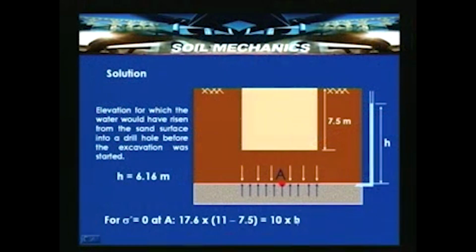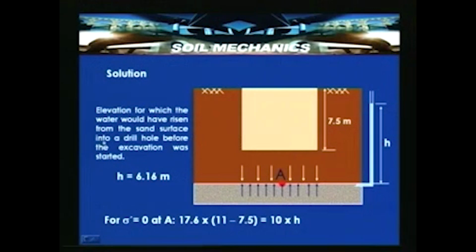So, equating the total stress to the pore water pressure at the base of the soil layer, that is the interface here: 17.6 into (11 minus 7.5) equals 10 into h, and we get h around 6.16 meters. So, the elevation to which the water would have risen from the sand surface into a drill hole before the excavation was started is h equal to 6.16 meters.